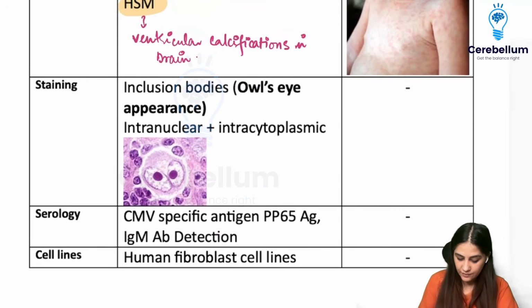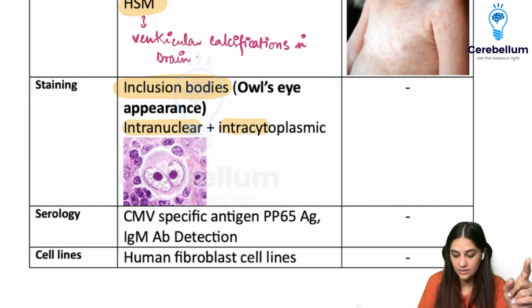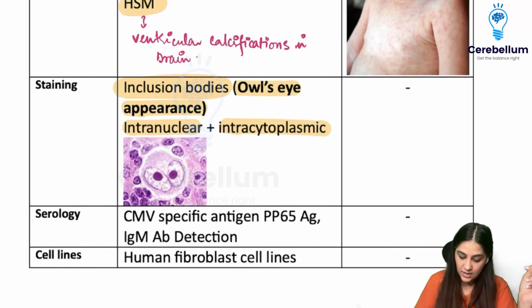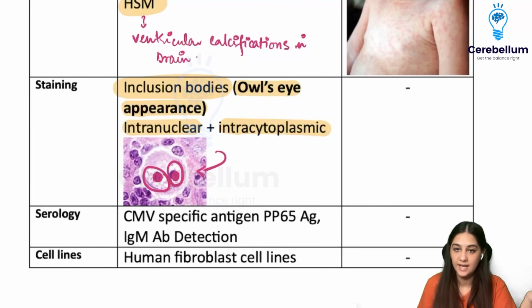Coming to the staining, if we take up the sample and do an H&E staining, we are going to see the inclusion bodies, both intranuclear and intracytoplasmic, and they are called the owl's eye appearance. Just see how this is looking. It looks like these two big cells with nuclei looking like owl's eye.